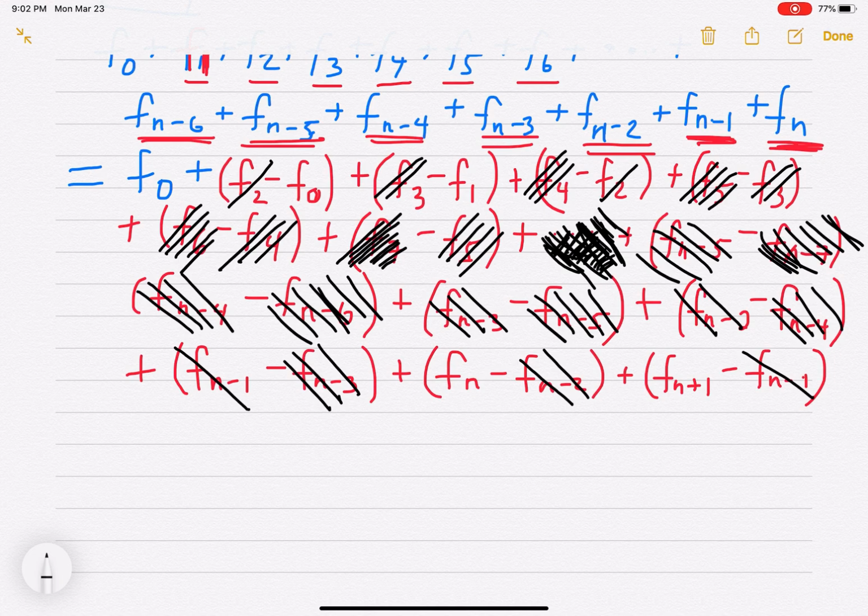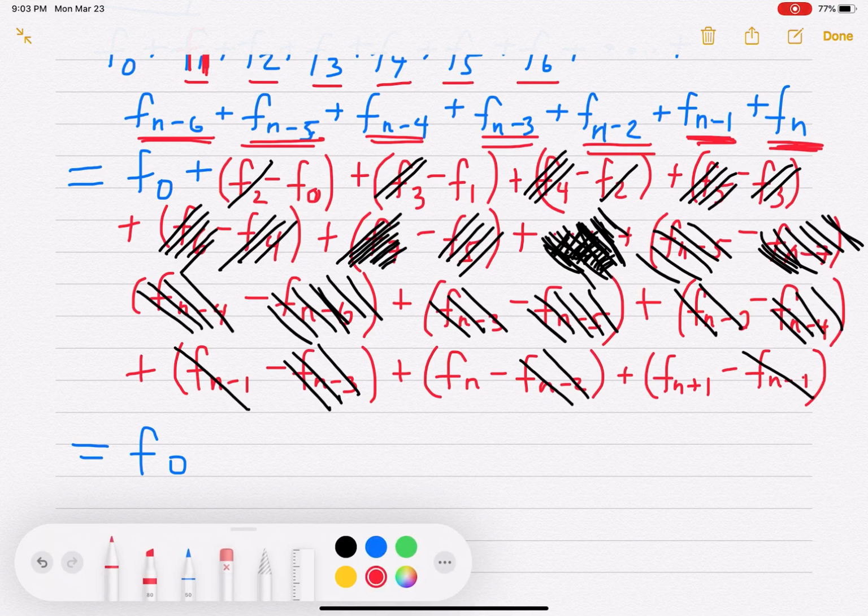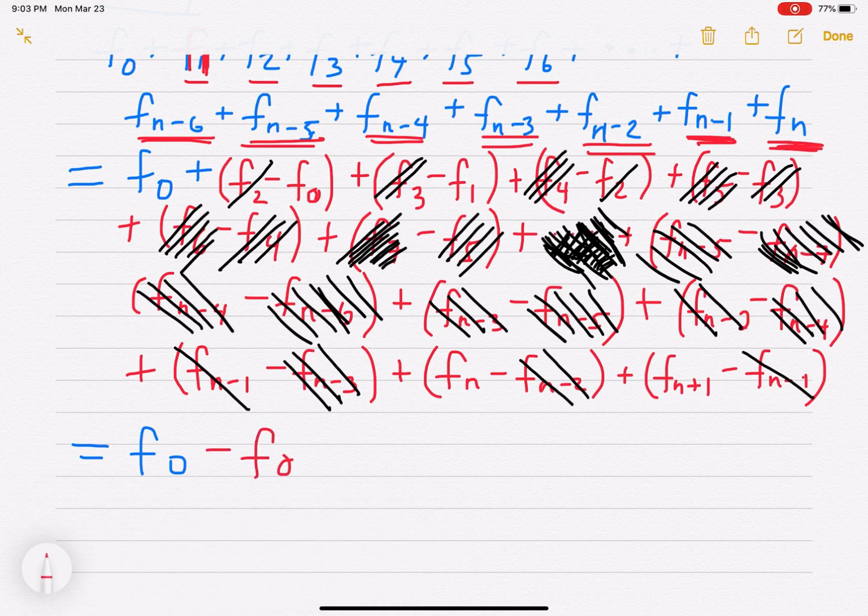So what's left? Not a whole lot, right? We've got f0, let's not miss any terms this time, minus f0 minus f1. What else? Plus f sub n plus f sub n plus 1.